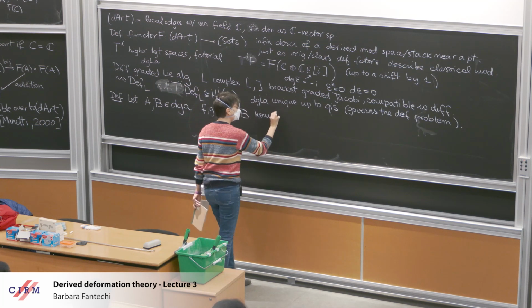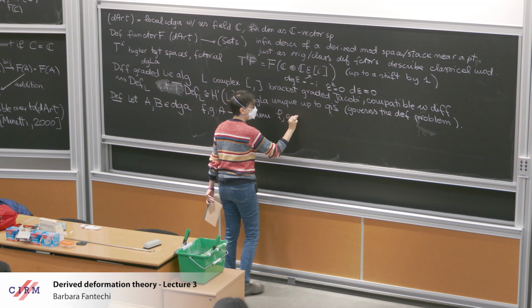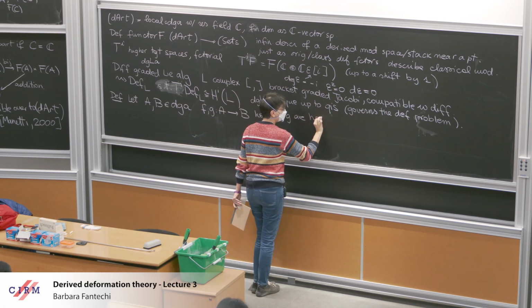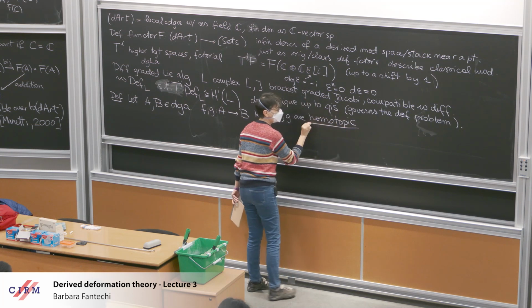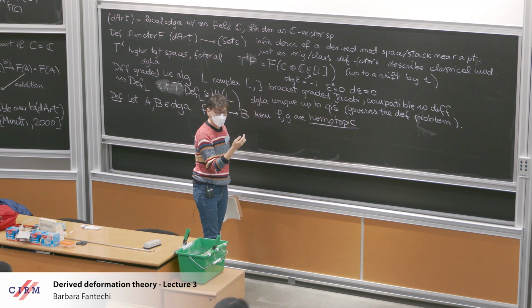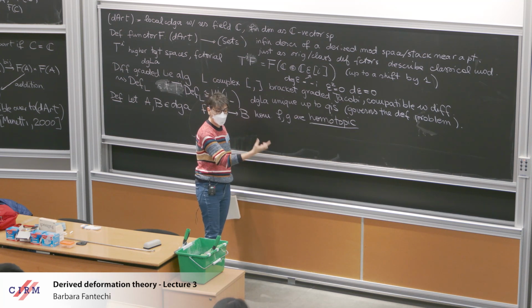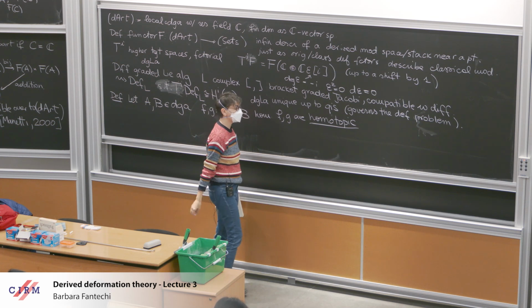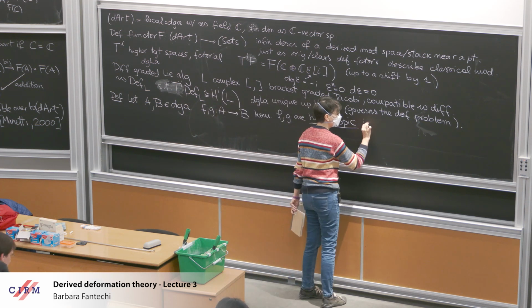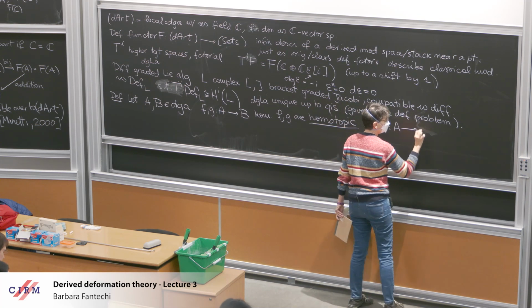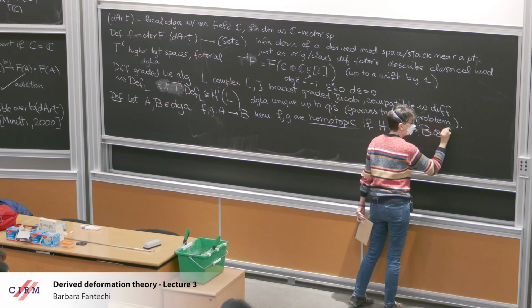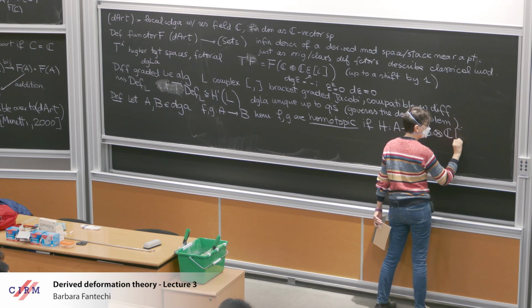And we say that F and G are homotopic, and this really means their images in the pi_0 of the simplicial set of all higher maps are the same, if there exists an H from A to B.